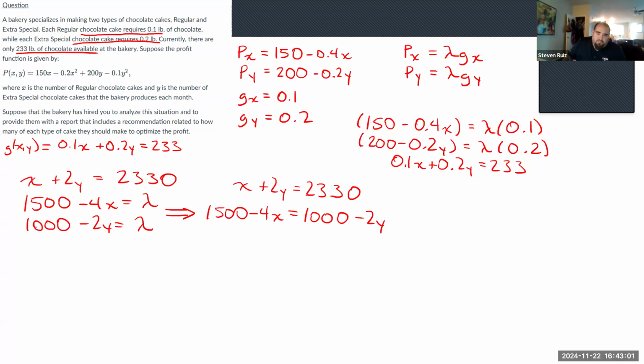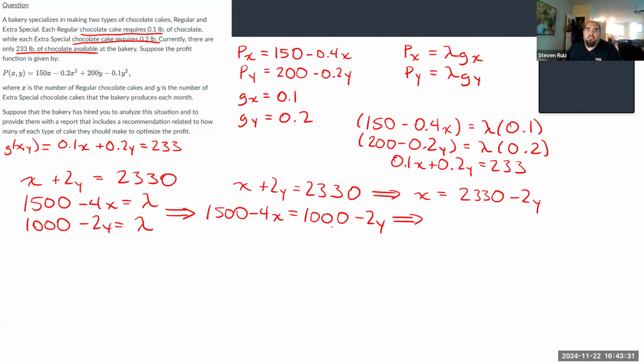So now I have that. Now I'm solving for x and y. Lots of ways to do that. I have x, no coefficient for x. I'll just solve for x. So let's do that. X equals 2,330 minus 2y. So let's clean up this bottom equation a little bit and make that substitution.